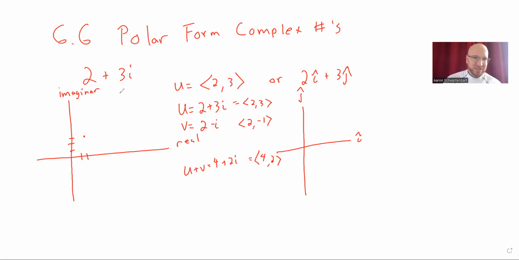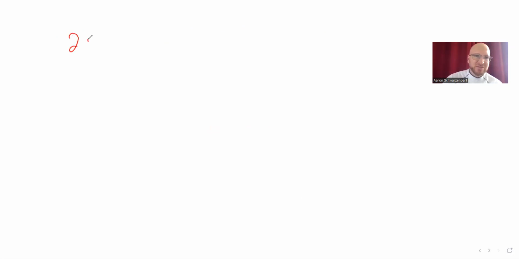So let's take our 2 plus 3i and let's convert it to polar form. I'm going to show you how to do that. So here, I'm going to make this a little bit bigger. Polar has a radius and an angle.